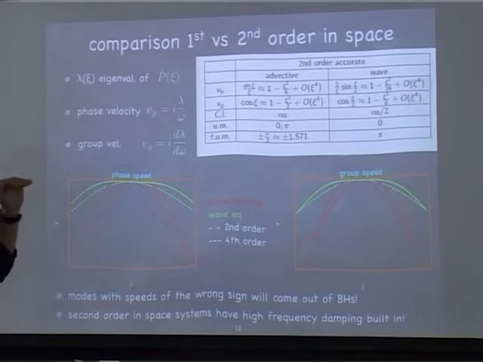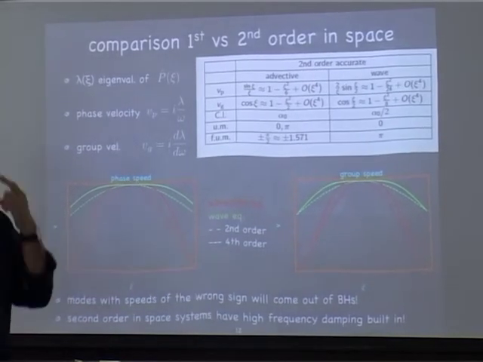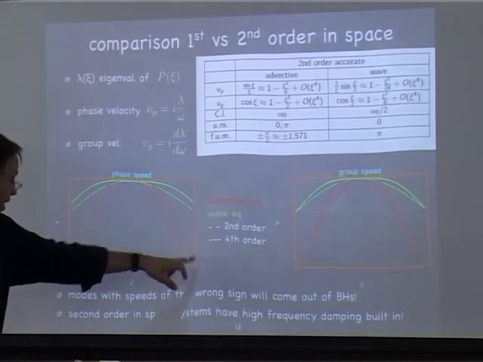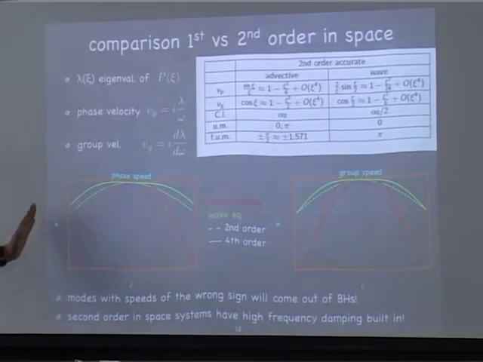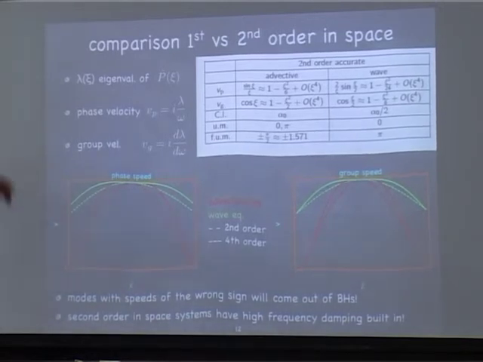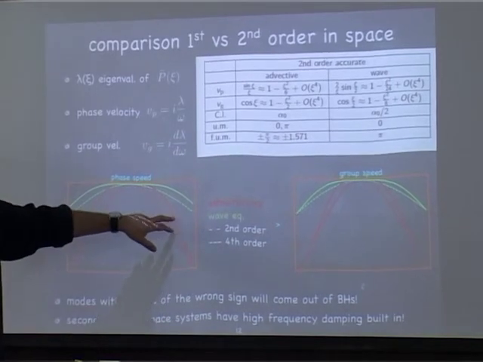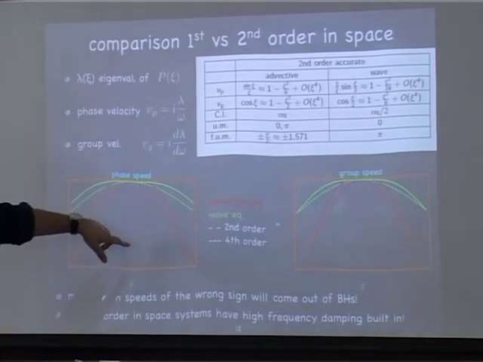The maximum frequency on the grid is plus pi, and for every positive frequency there's a negative one, so plus pi, minus pi. All of these things are symmetric. And so what we see is that, for example, the second order one would be this one, for the wave equation.